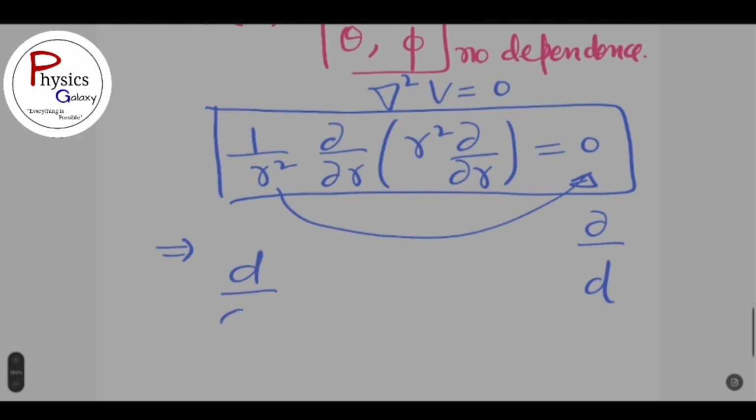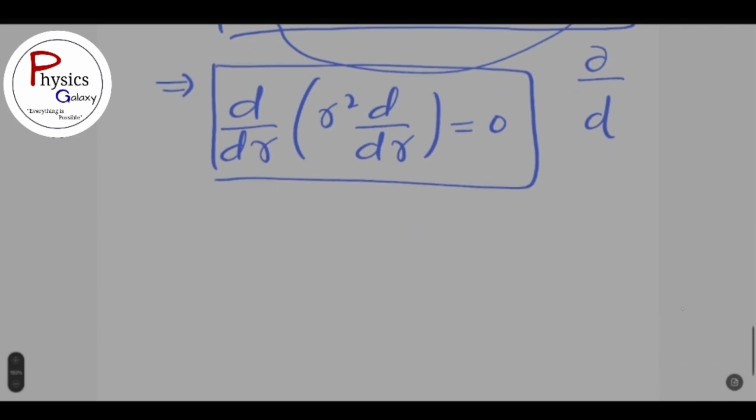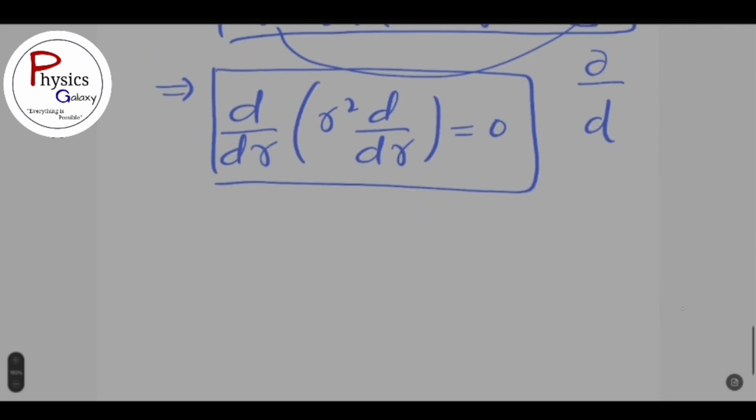So it becomes d by dr of r square dV by dr equal to 0. Now you know the solution for this equation. I'm not going into the solution. You can do two integrations and find the solution for this equation. I'm not going to solve this differential equation. So its solution, if you can find, here we have V.